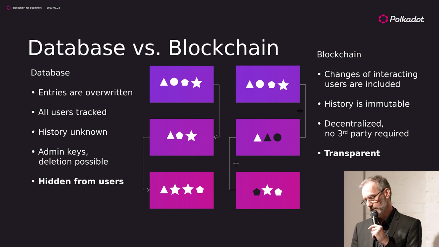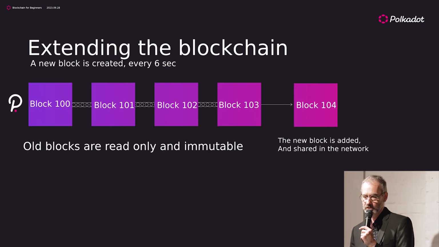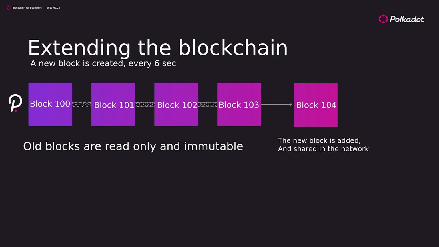Only the changes go into the blockchain. In general, we have several blocks connected, called a chain. When new transactions come in, one of the validators will create a new block and broadcast it, and it goes into the history and becomes read-only and immutable when it's validated.